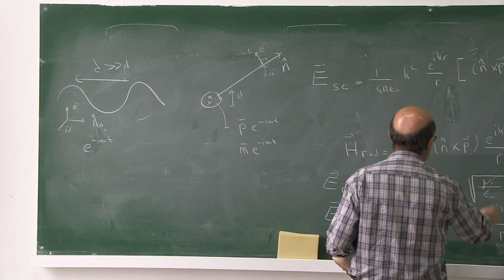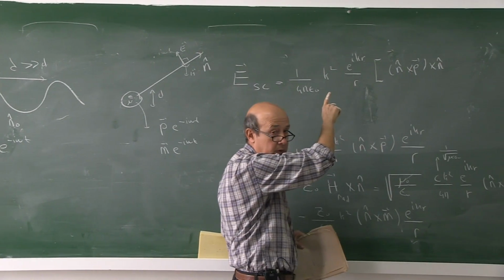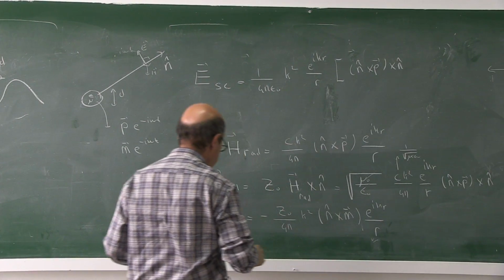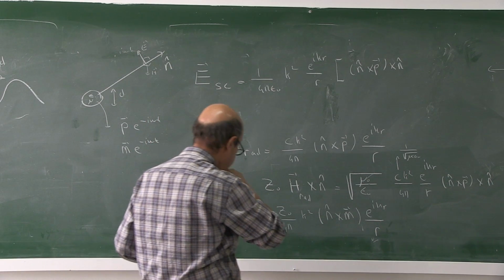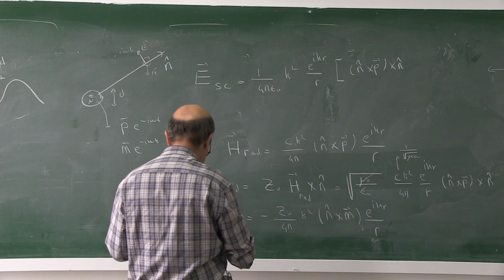So e to the ikr over r is the common term. K squared is common. This k squared is important. I will discuss this through the course, this chapter. That is very important. And we have Z0.